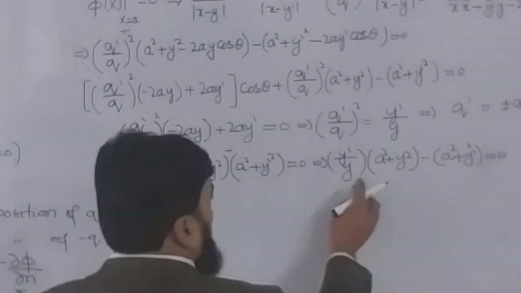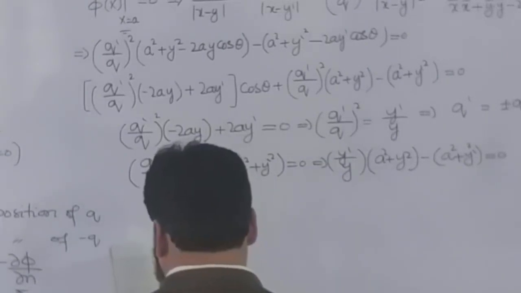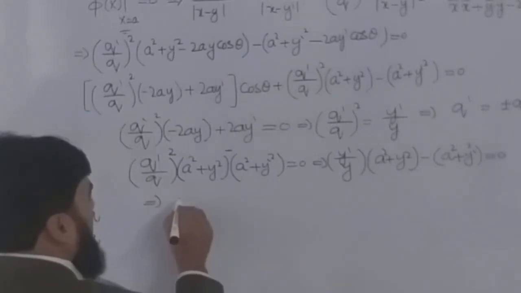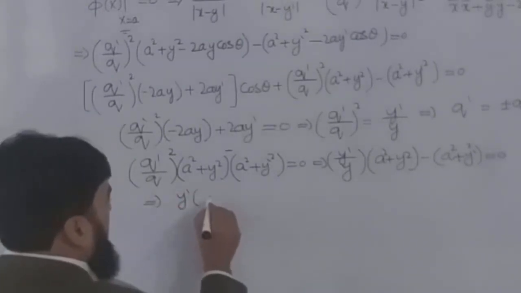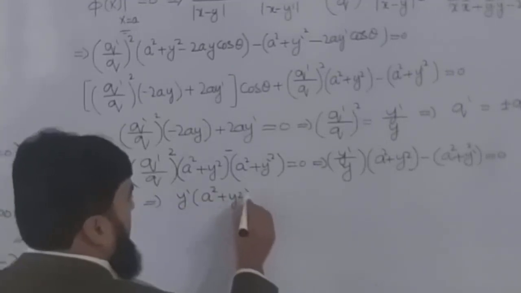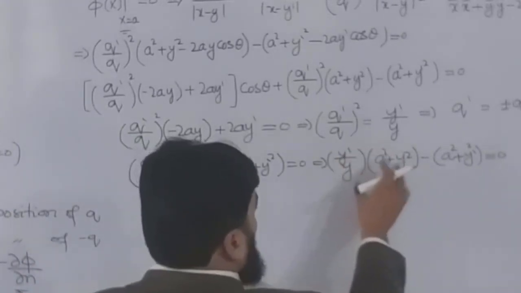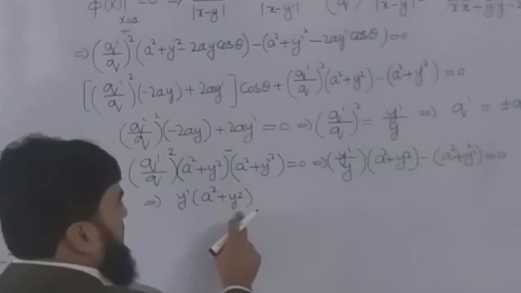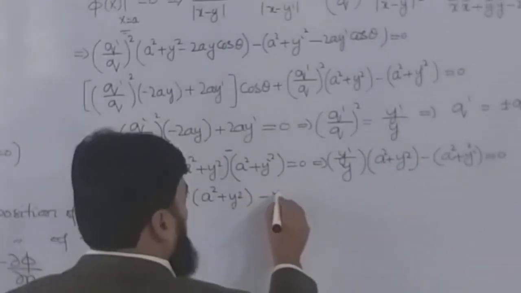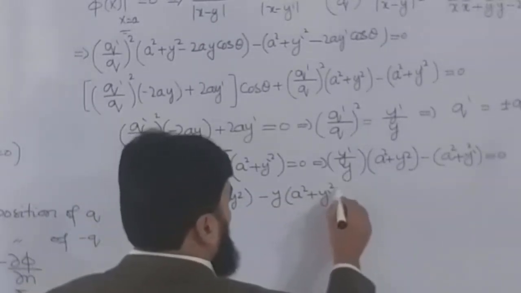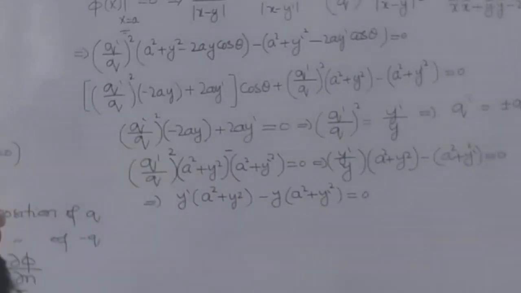If I solve this for y prime, I will just multiply this with this and I can write that y prime and a square plus y square, which means I multiply this with y, then it will be y prime a square plus y square and minus y times a square plus y prime square is equal to 0. Means multiplying with y. Okay?